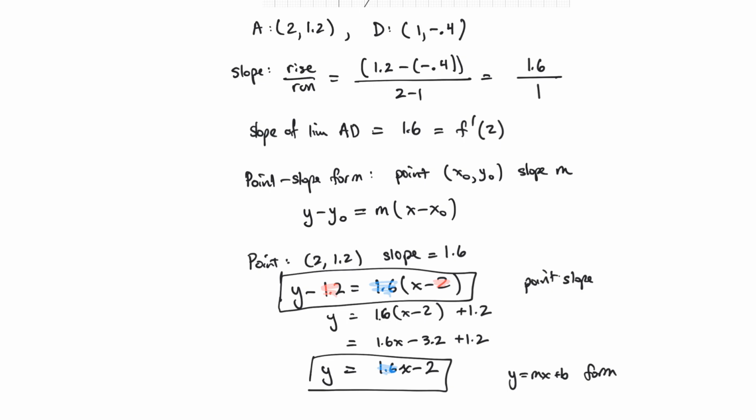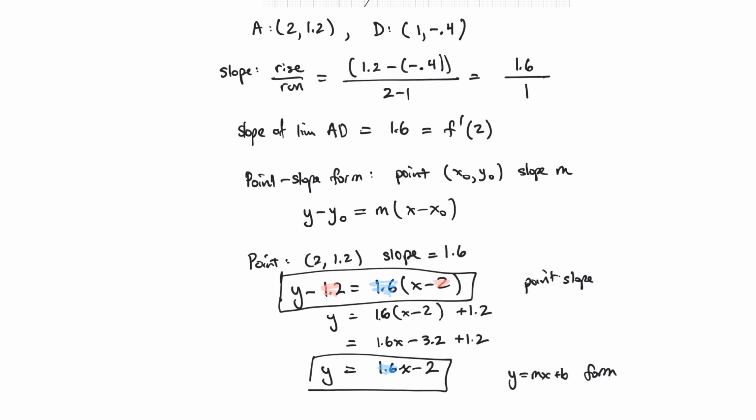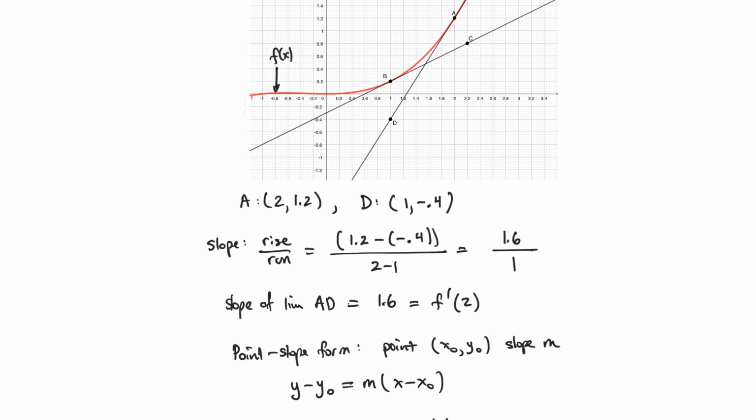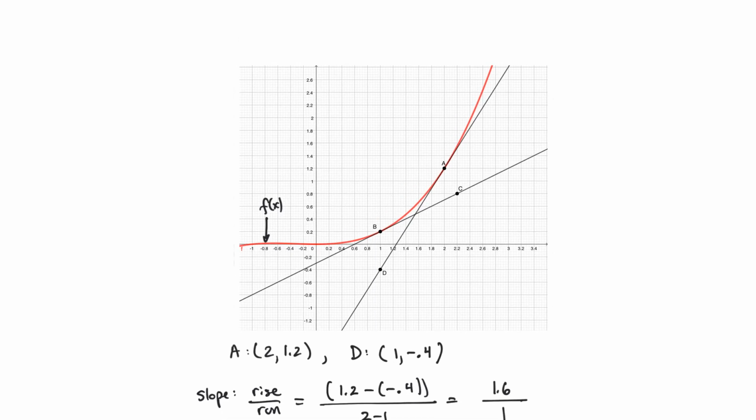Okay, so let's go back up to the graph. What I'd like you guys to do for your warm-up exercise is to basically repeat this, but you're going to compute the equation and the slope for the line B to C. Just to give you a hint so that we're all on the same page here, let's write down the coordinates of these 2 points.